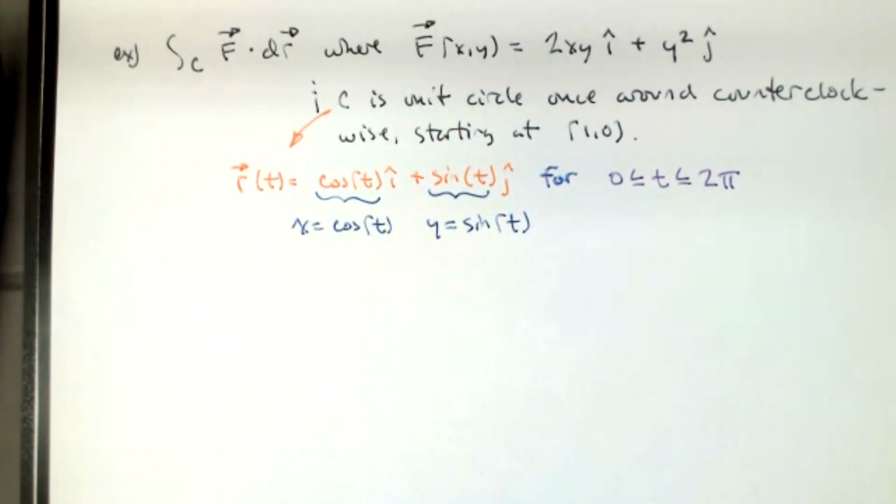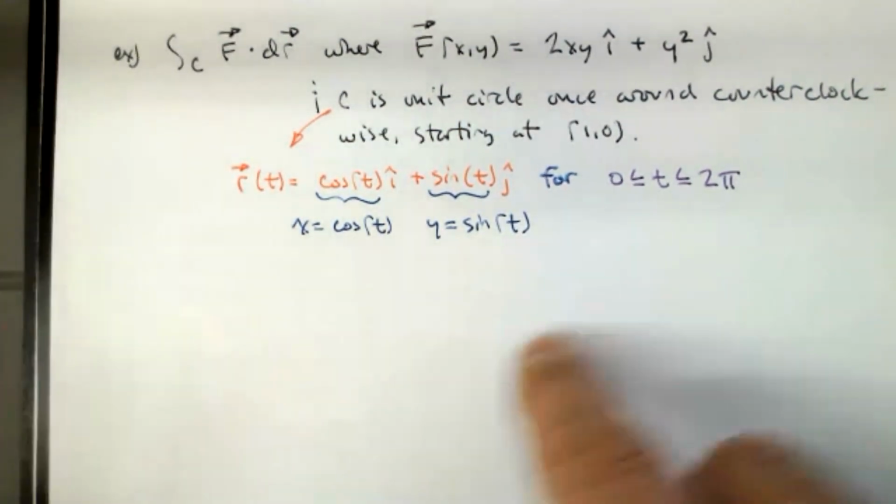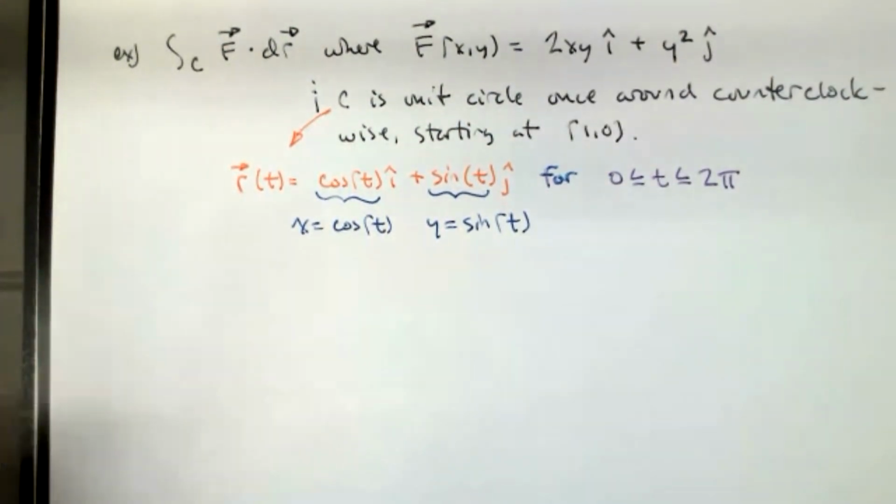We're going to need these because one of the things that we need to do is evaluate the vector field at all the points on the curve. So I've got to be able to describe all these points on this curve to the vector field so the vector field will know what values it's supposed to have. So we're going to need this to plug into the vector field.